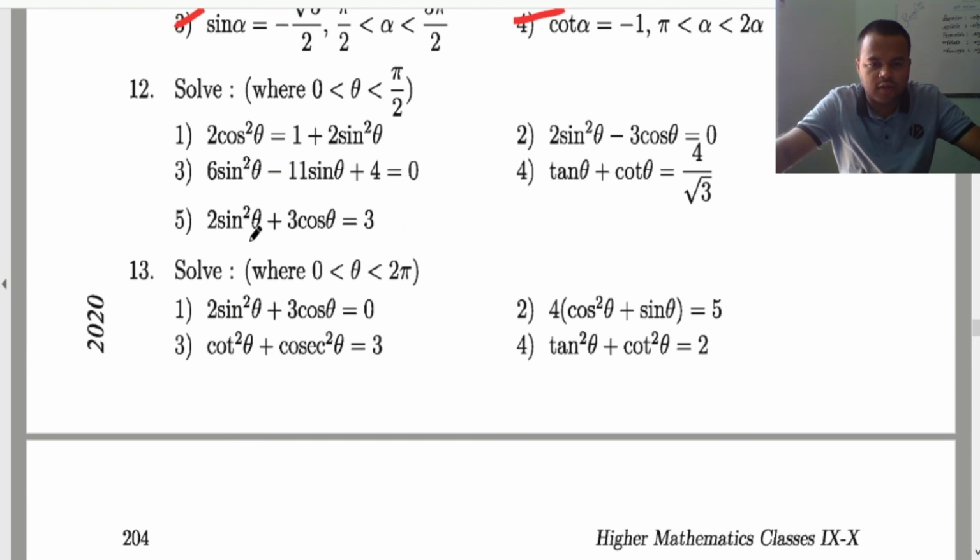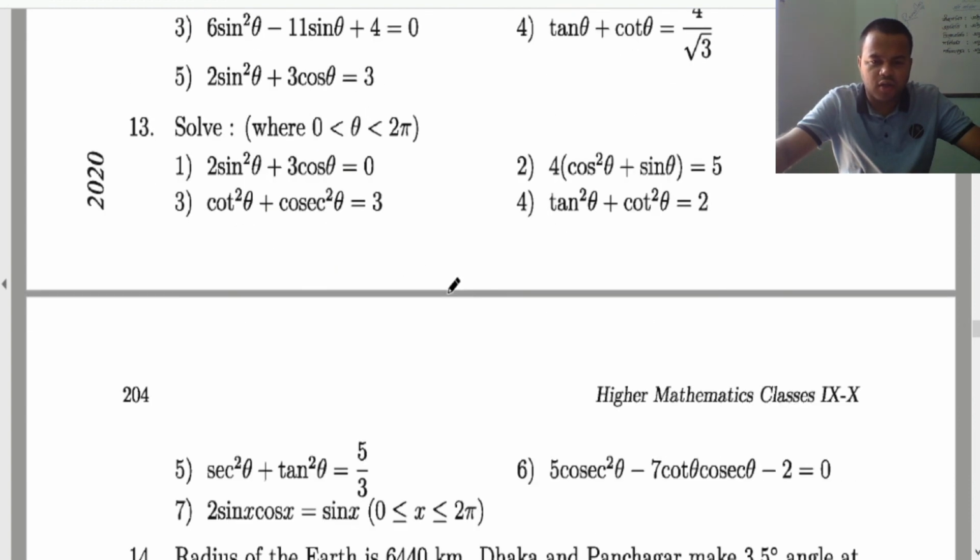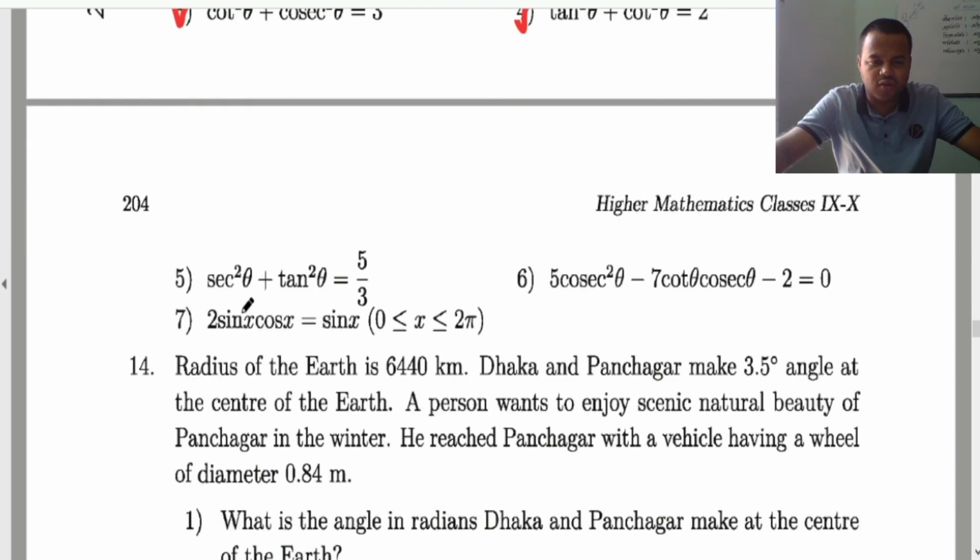Number 12, number 13. If you can solve number 13, then you can also solve number 12, because number 12 is only for the first quadrant, and number 13 is for all four quadrants. Here the value of theta is greater than 0 and less than twice pi. That means all quadrants. So you have to practice all these maths.